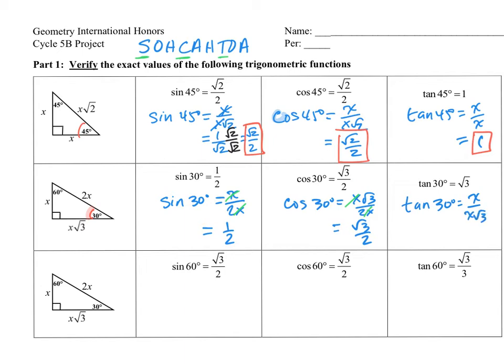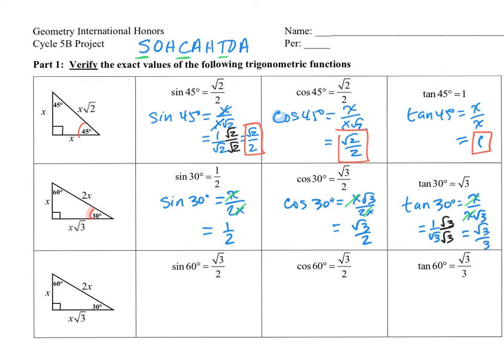So we have that common factor of x again that will cancel or reduce, which would leave us with 1 over the square root of 3. So that's equal to 1 over the square root of 3, which is not incorrect. However, it's not considered simplified because, again, it's division by an irrational number. So let's go ahead and rationalize the denominator by multiplying it by itself. Do the same thing to the numerator. And we get that the tangent of a 30-degree angle is the square root of 3 over 3.